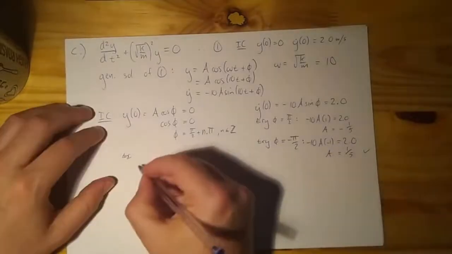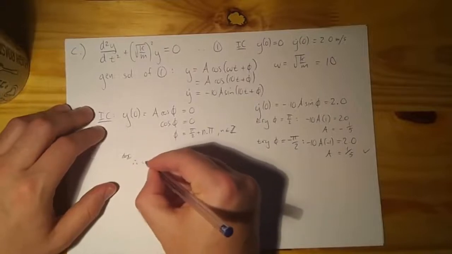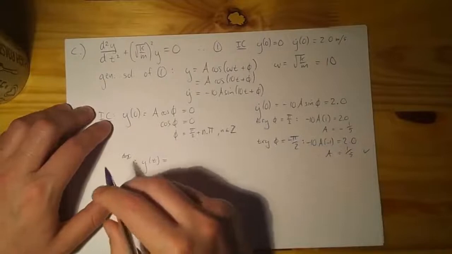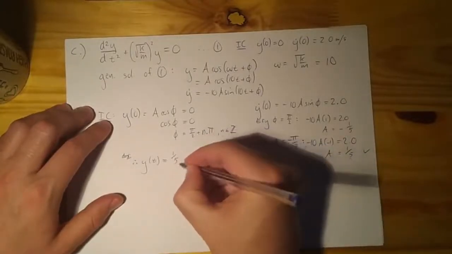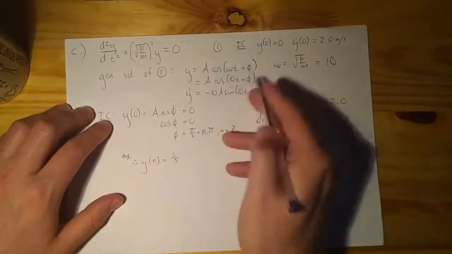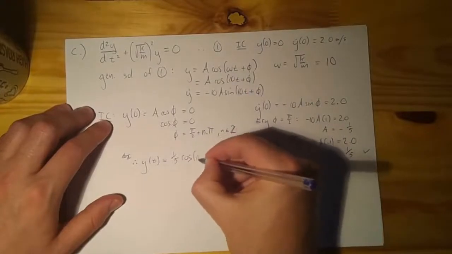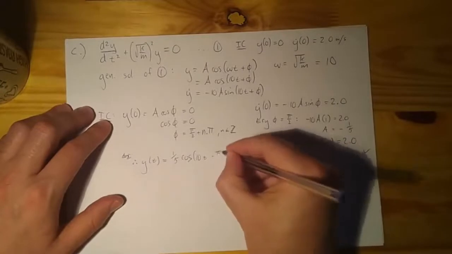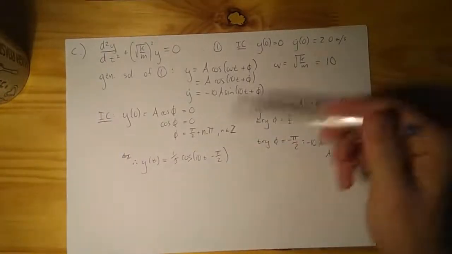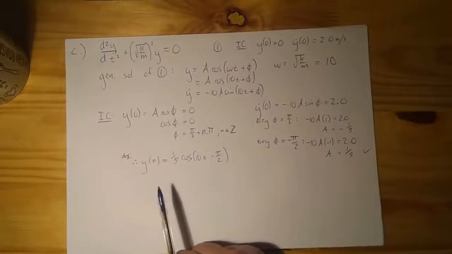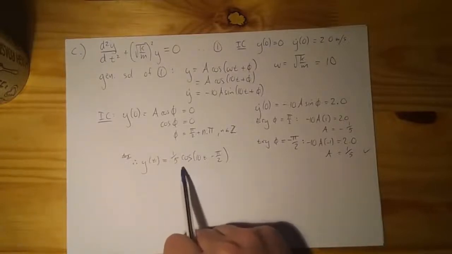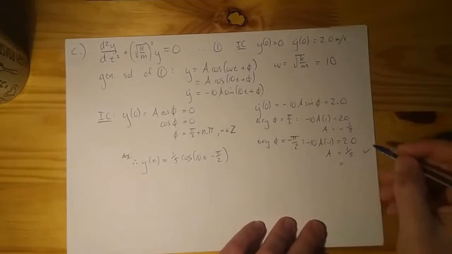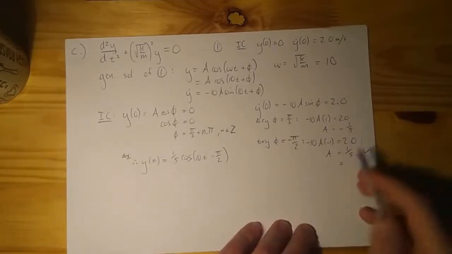So thus, y of t is therefore 1 over 5 cosine of 10t plus phi, where phi is minus pi over 2. Good, so I've just solved for y. But that's a bit more than I wanted to do. I'm more interested in the amplitude.